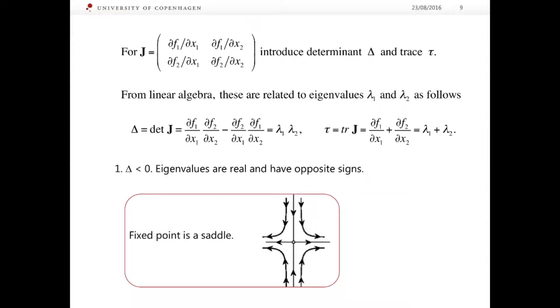When it approaches the fixed point closely enough, it will start feeling the influence from the unstable manifold, and it will turn and start following the unstable manifold. So overall, the phase trajectory that started nearby the fixed point will ultimately go away from this fixed point. So the saddle fixed point is not really stable.